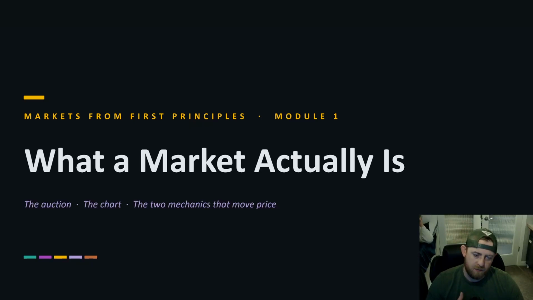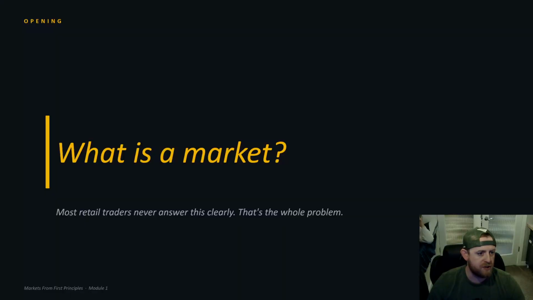So like I had said in module 0, it is a lagging indicator of what is happening by its very nature, because once it prints, something has already happened, even if it's a millisecond. And the chart is not the cause of anything, which I think people apply that to the charts. The chart doesn't do anything. The chart just keeps a record. And each one of these things is going to get its own section. So let's jump into this.